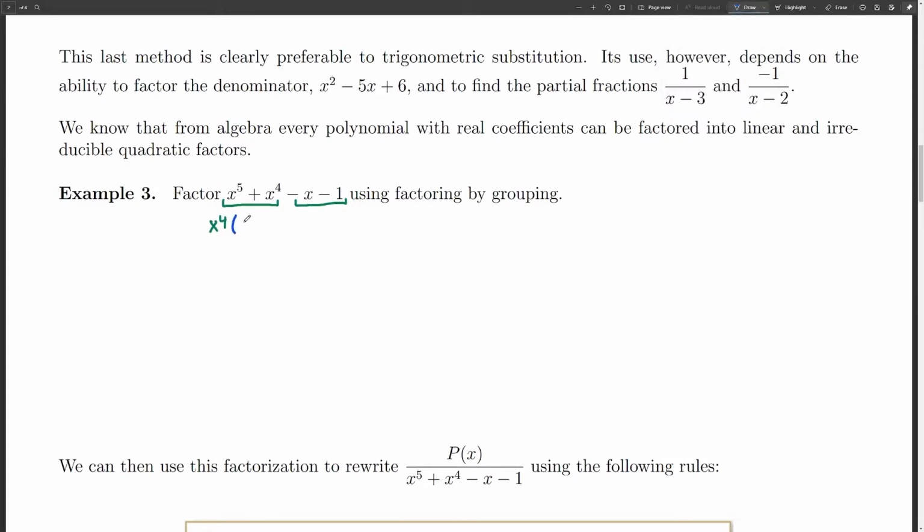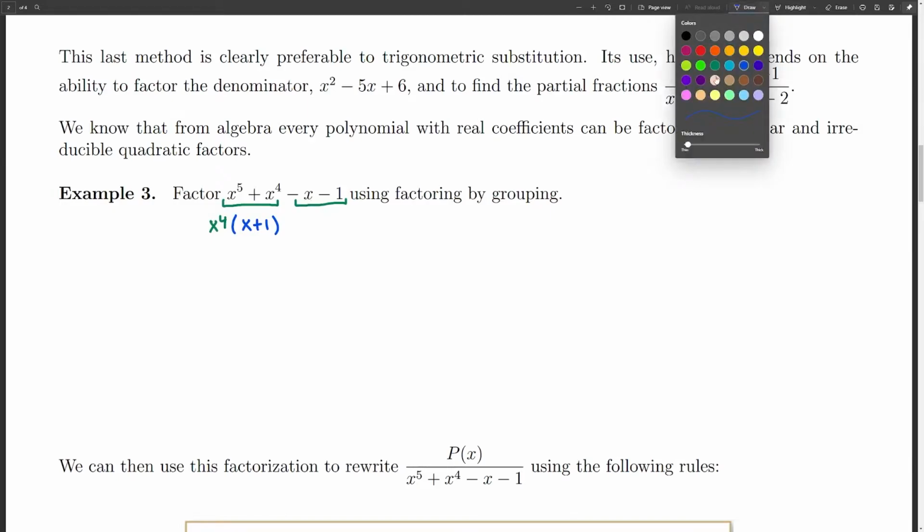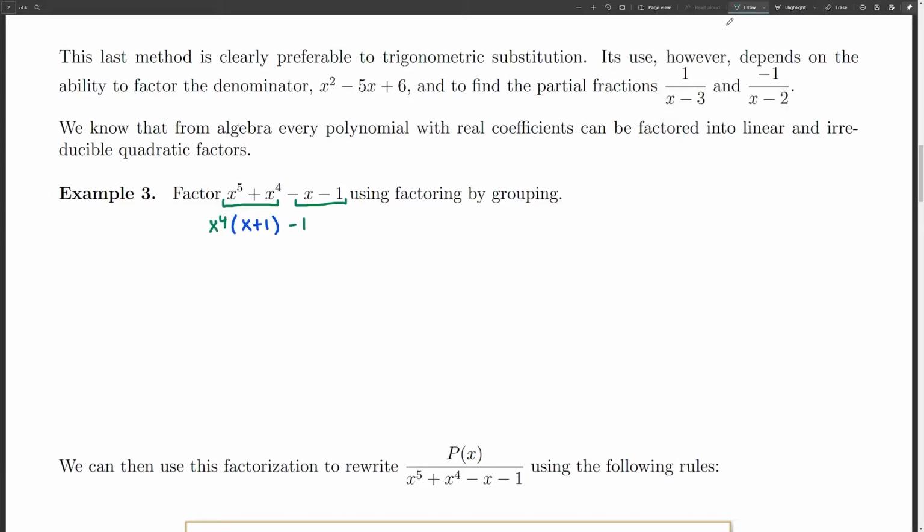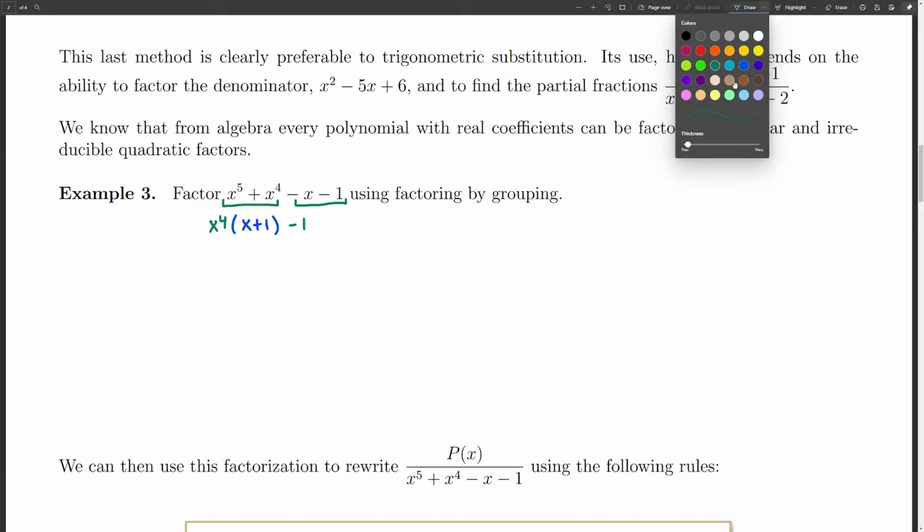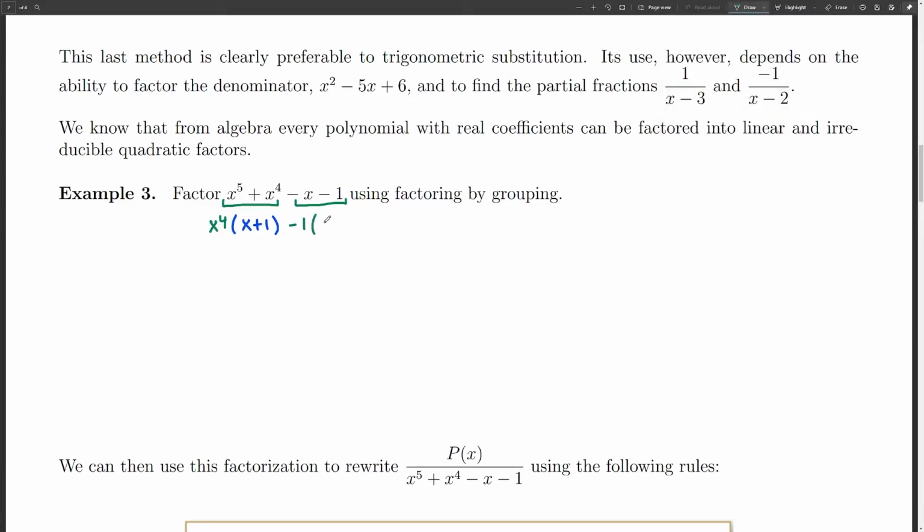If we factor out that x to the power 4, we're left with x plus 1. In the second group, we can factor out a factor of negative 1. And then we're left with x plus 1 as well.